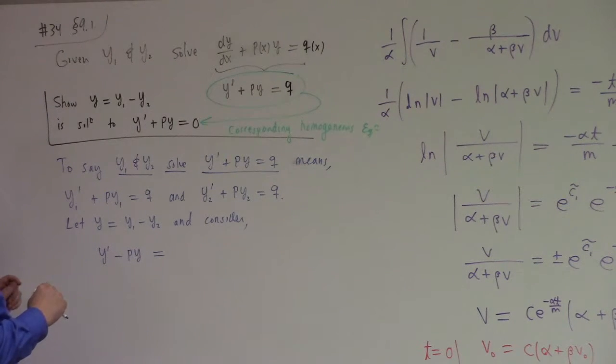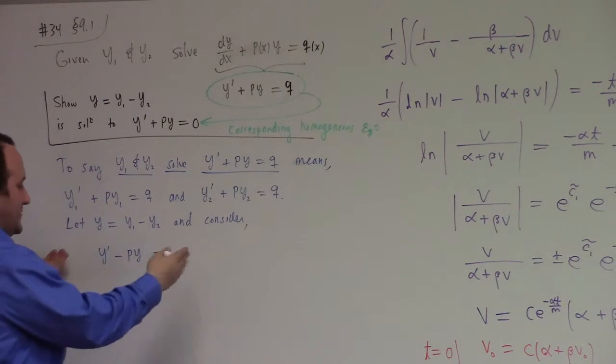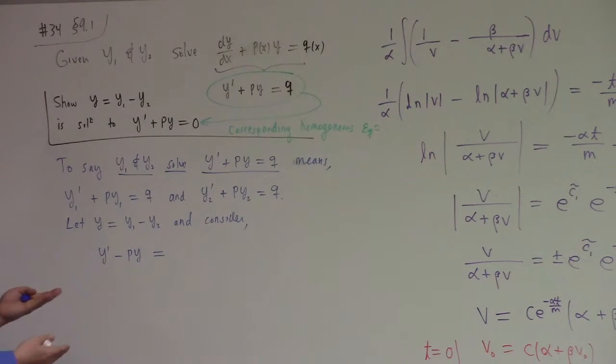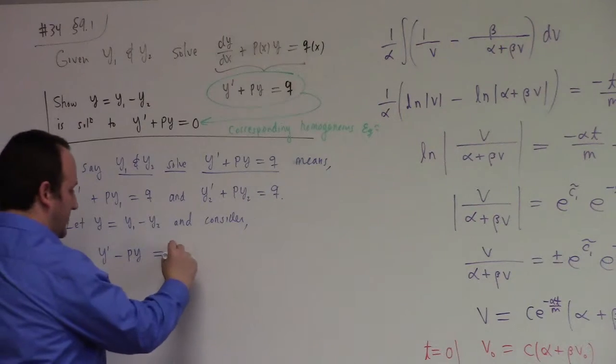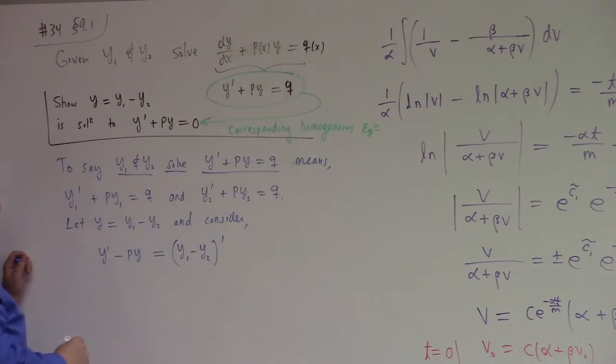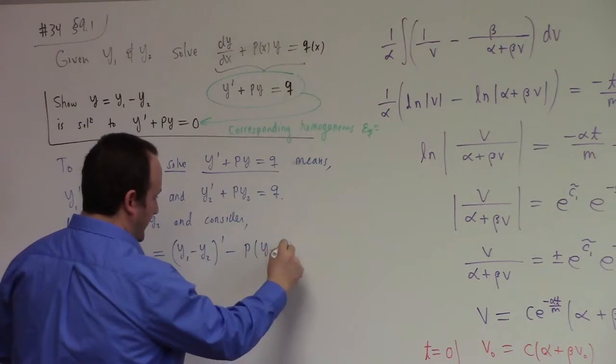Oh well. Okay, so y prime plus py equals, what does it equal? It doesn't equal 0. We don't get to say that yet. That's what we're trying to show, right? It equals what? What's your next step? y1 minus y2 prime plus p times y1 minus y2, right?